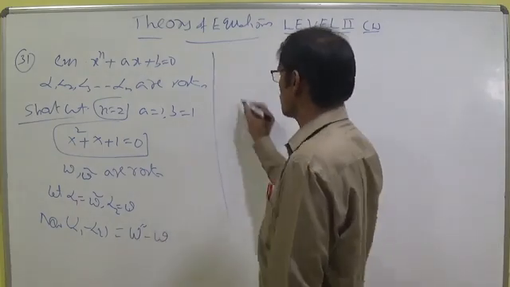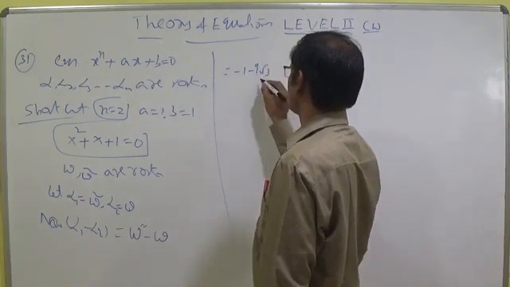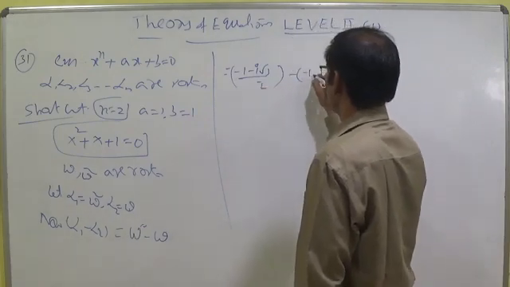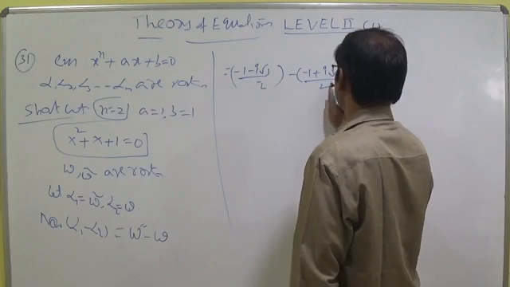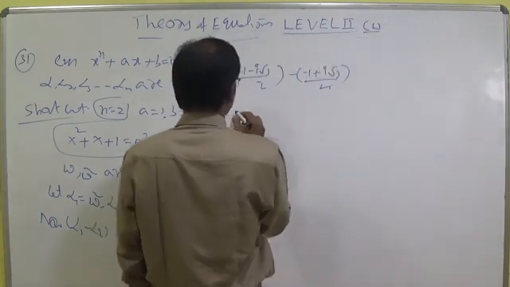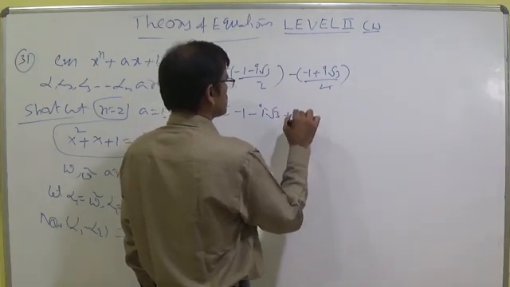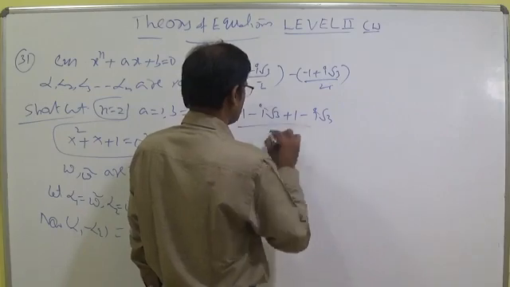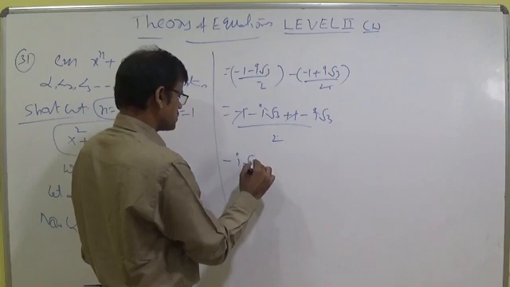So omega square value is minus 1 minus i root 3 by 2, minus of minus 1 plus i root 3 by 2. That equals minus 1 minus i root 3 minus of minus 1 plus i root 3, whole by 2. Minus 1 plus 1 gets cancelled. Here you can write minus i root 3.